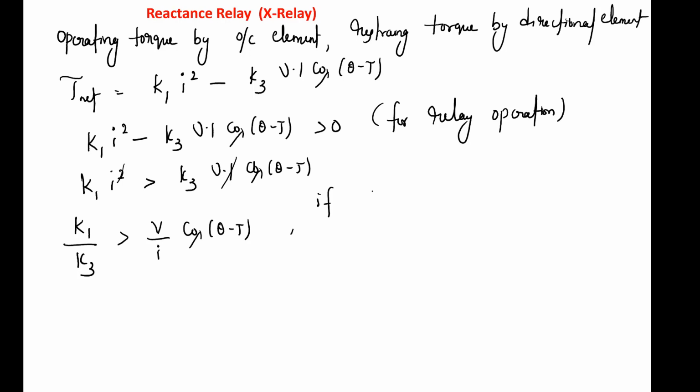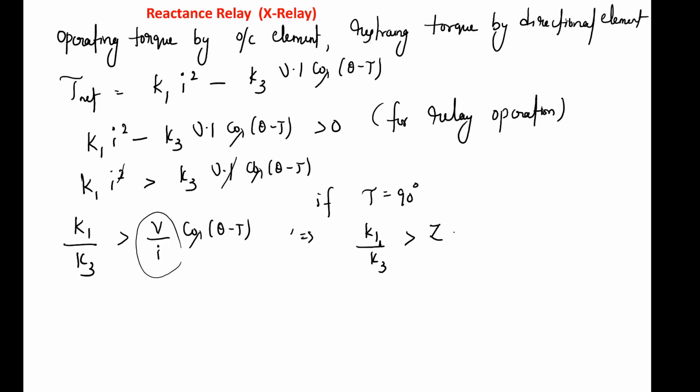Tau is a design parameter. If you make tau equal to 90 degrees, you are going to get K1 by K3 should be greater than V by I into cos of theta minus 90. V by I is what? Impedance seen by the relay. V is the PT secondary voltage, I is the CT secondary current.